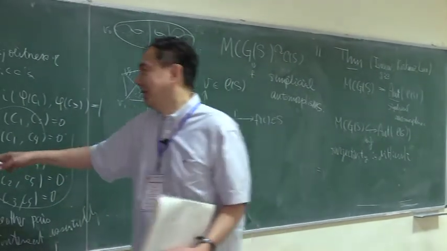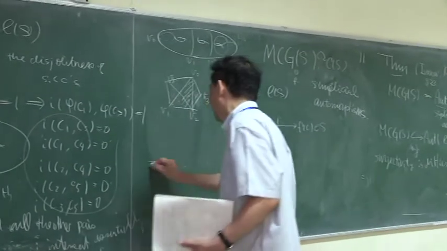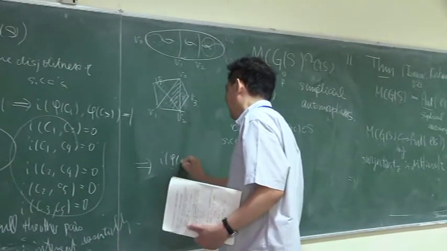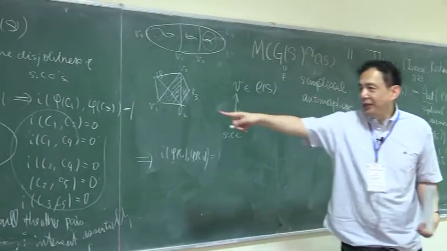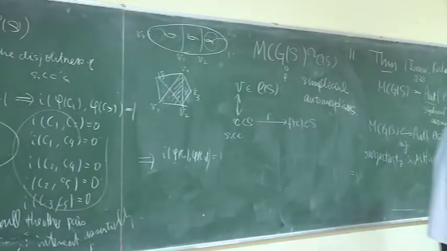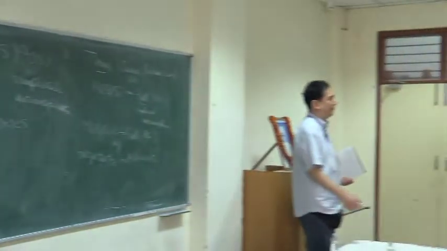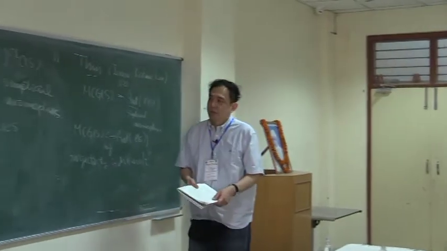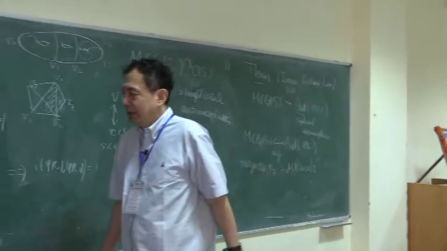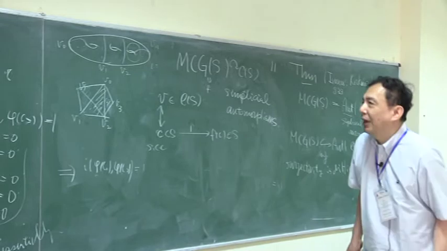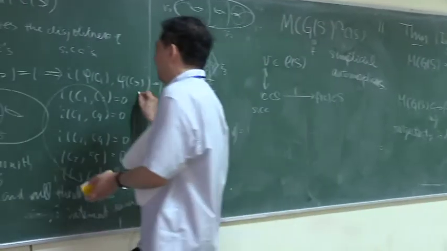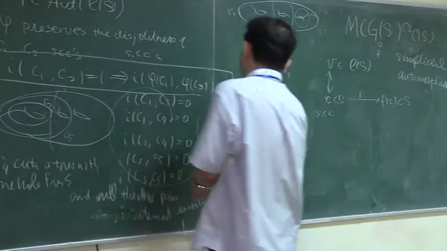That means in particular, the images of C1 and C2 must have intersection number 1. That's what I proved here.